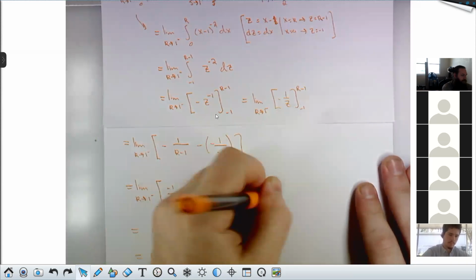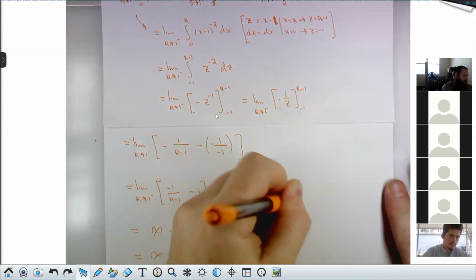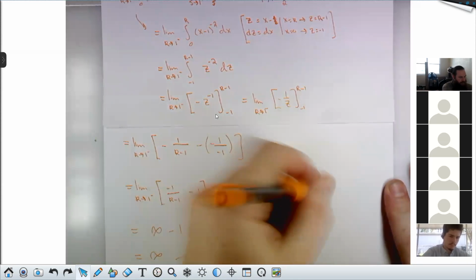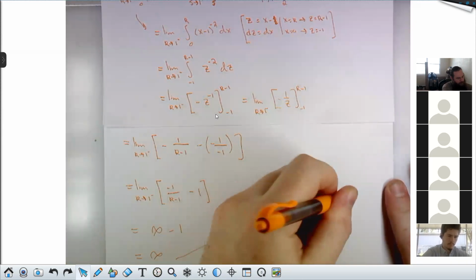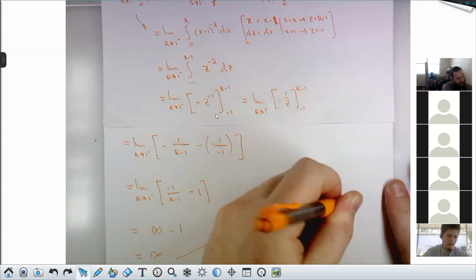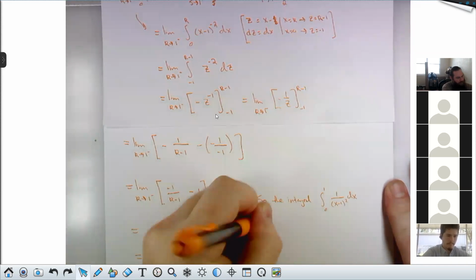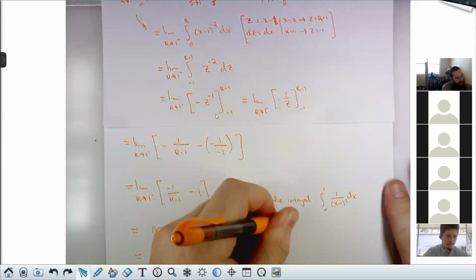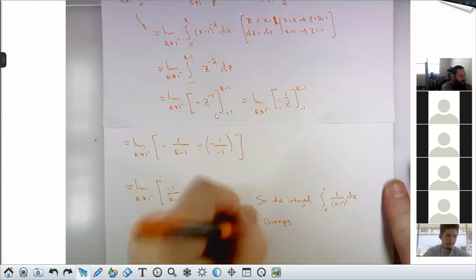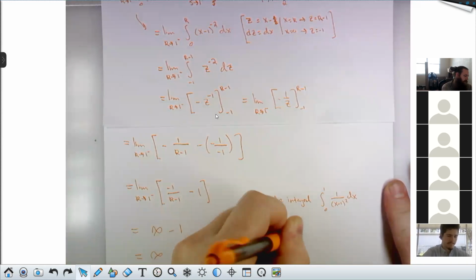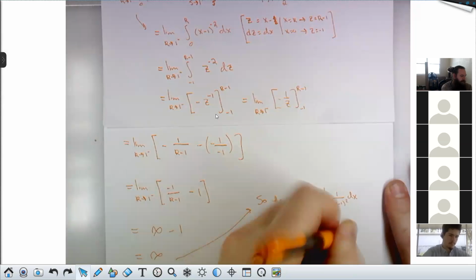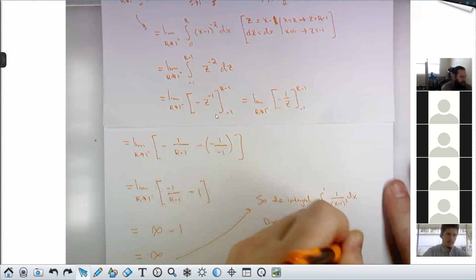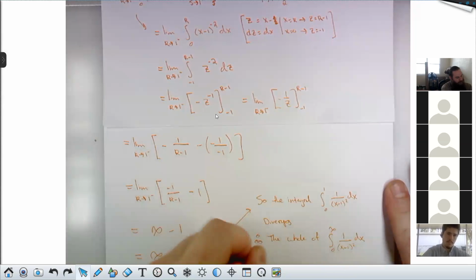So the integral from 0 to 1 of 1 over (x minus 1) quantity squared dx diverges. Therefore, the whole integral from 0 to infinity of 1 over (x minus 1) squared dx must diverge.